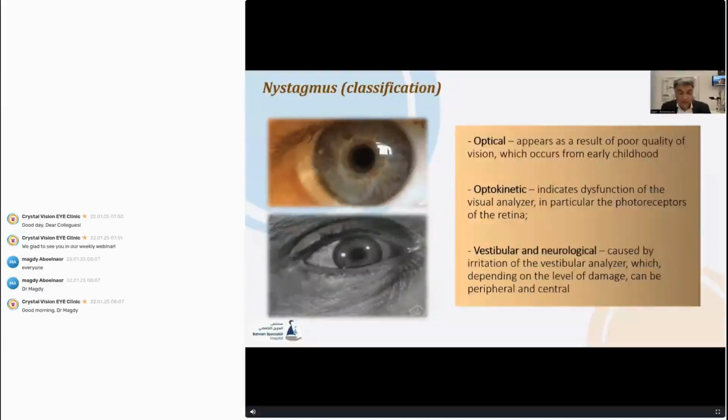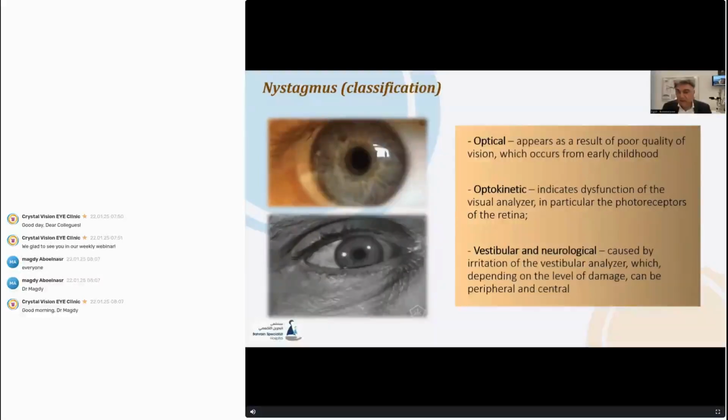Let's move on to the next condition, nystagmus. Conditions like nystagmus are at the intersection of ophthalmology, neurology, and other diseases.